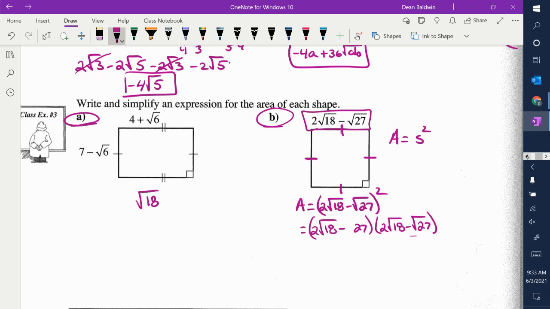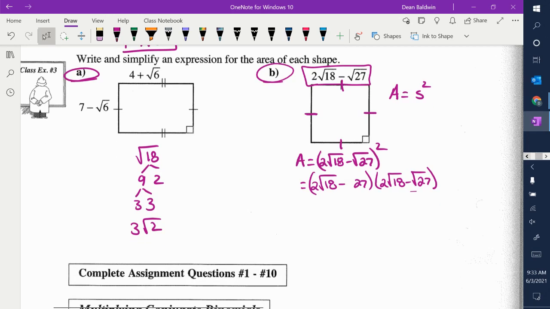So root 18 is 9 and 2, 3 and 3. So it's 3 root 2. And root 27 is 9 and 3, just 3 and 3. So it's 3 root 3. Okay?